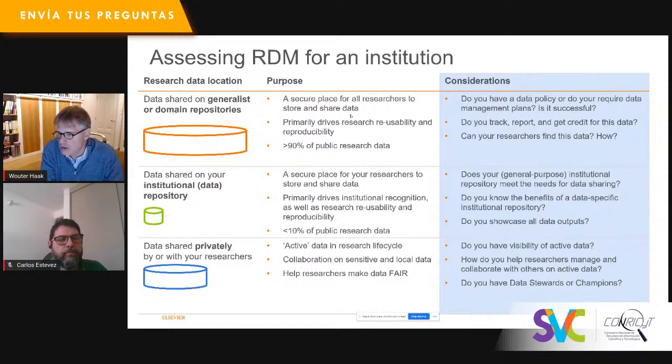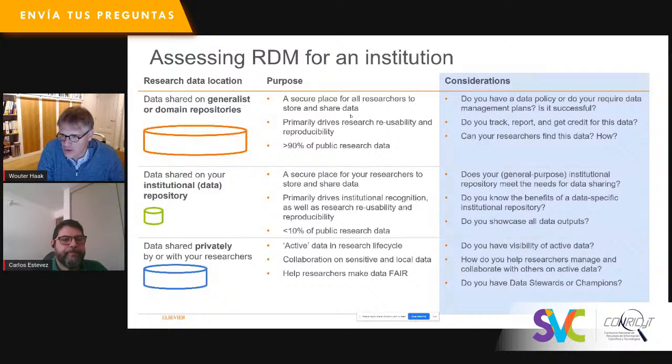So as an institution, it's not enough to just tell your researchers that it's a good idea. It's also really important that you provide a secure and controlled way so that they are in control and that you can help them, rather than them feeling, hey, my data can be scooped. So this is a very important point.